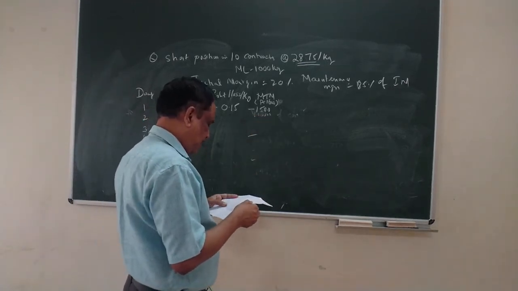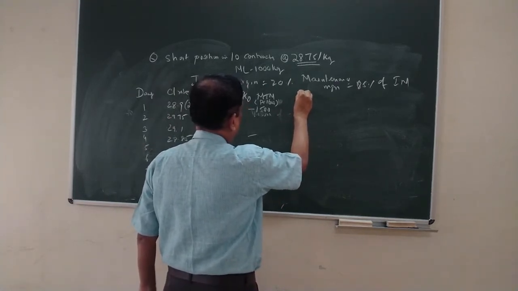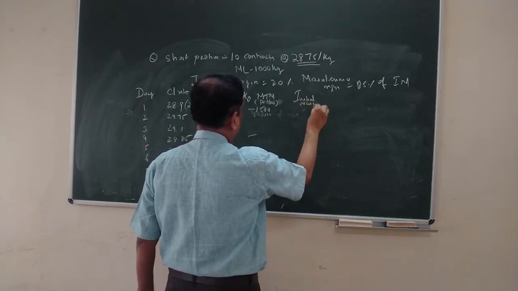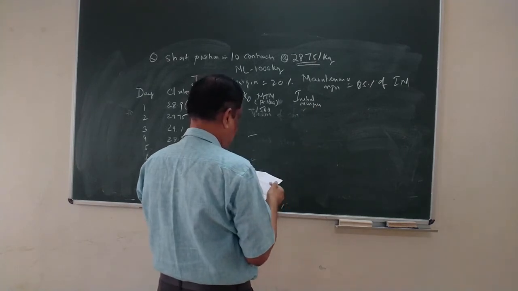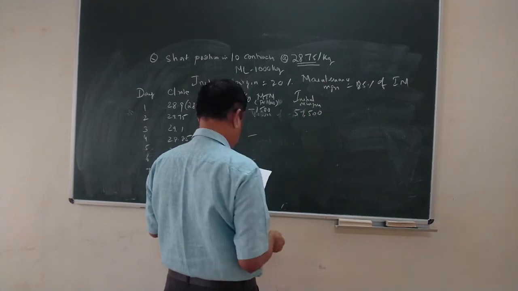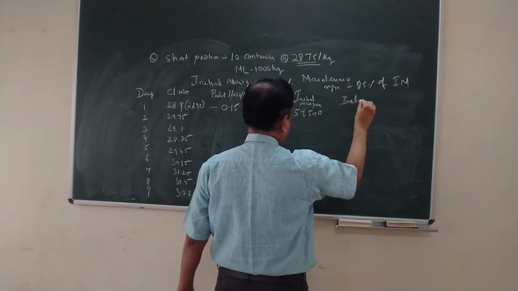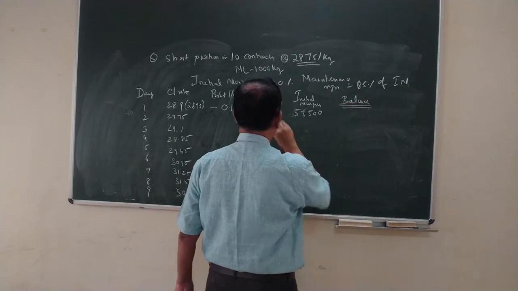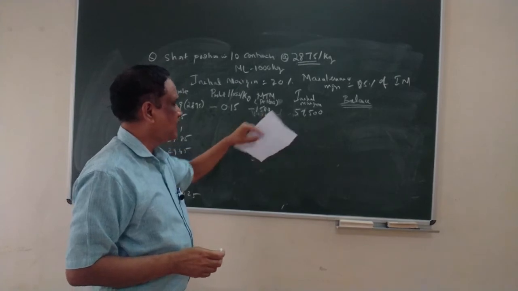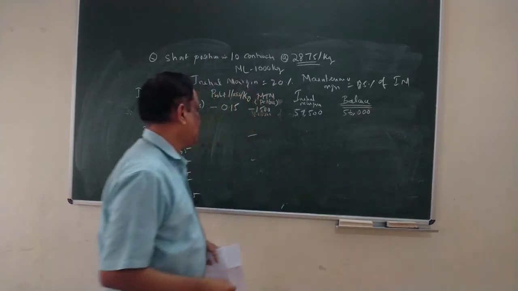And you can take the initial margin as 57,500, and you can take it as balance. So initial margin is 57,500. He is making a loss of 1,500 for the day. So the balance will become 56,000. That is the first one.